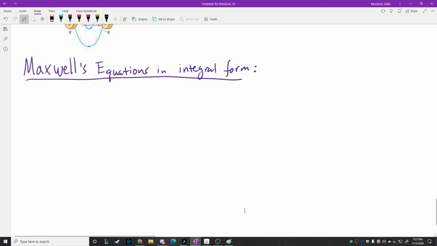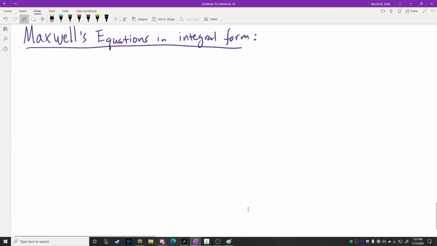There are integral and differential forms of Maxwell's equations. We're going to write down the integral form because that's what we've been using all semester. In a couple lectures, we'll actually derive the differential forms. Okay, so what are Maxwell's equations? They are Gauss's laws, because there's two of them.